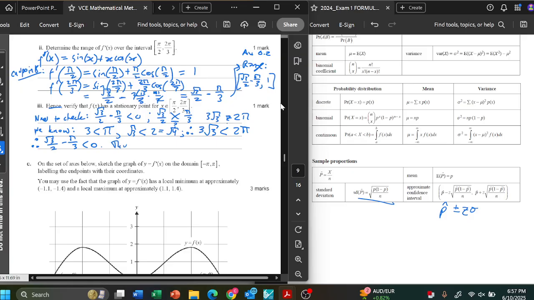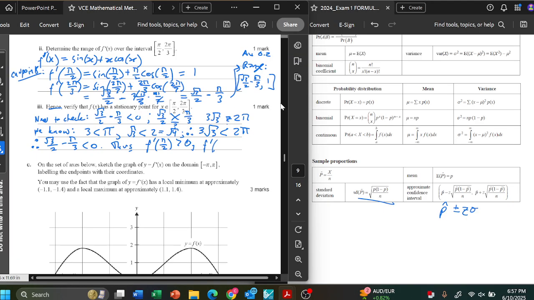So, thus, we can conclude that the sign at pi on 2 is greater than 0 when x is equal to pi over 2.